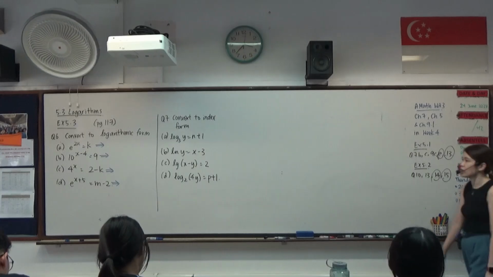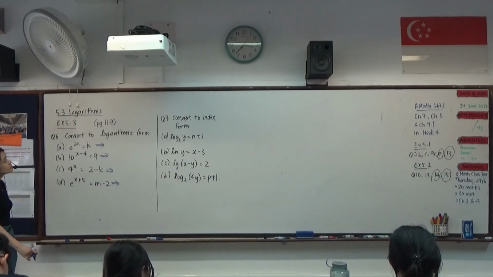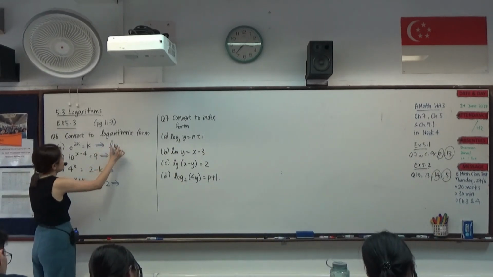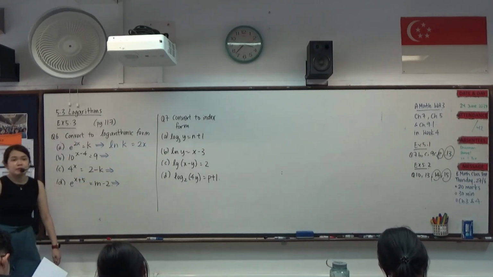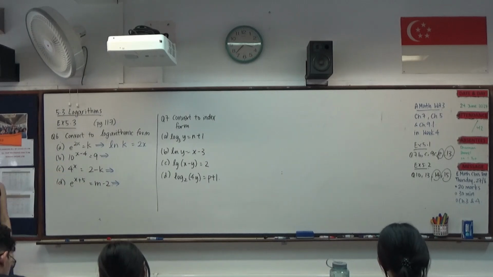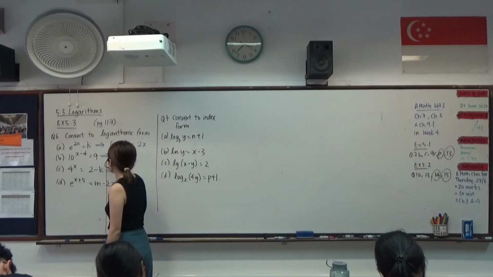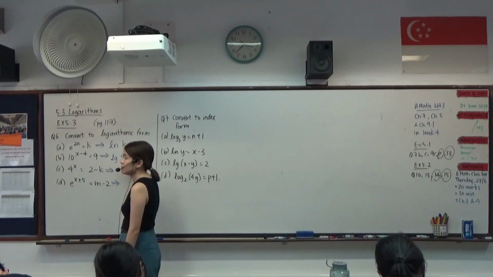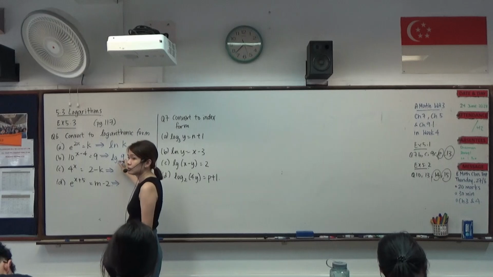Let's call some names to check. Ari, can you tell me part A? What is it that you wrote? k equals 2x. Do you all get it? Okay, great. Megan, can you tell me part B, what is the answer? Log base 10 of 9, so you will write the base 10? No need, right?